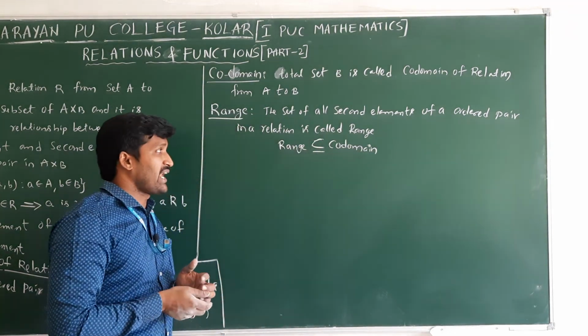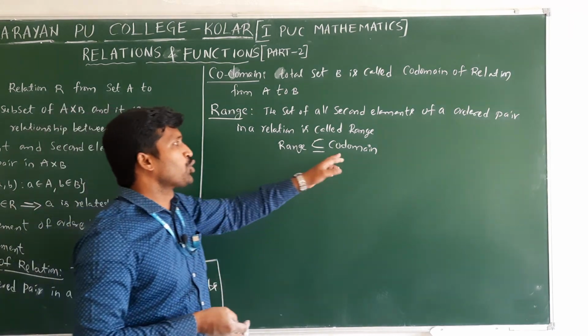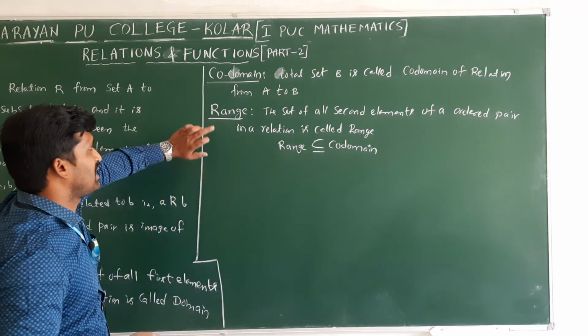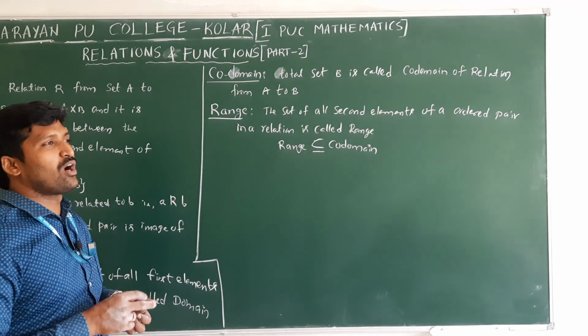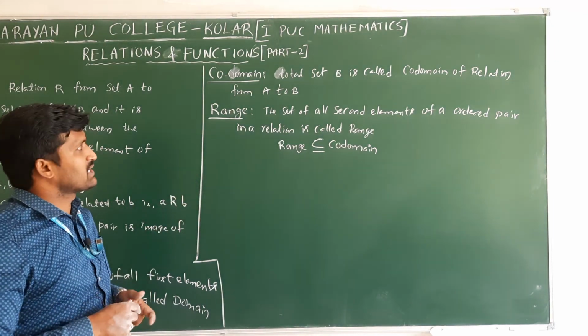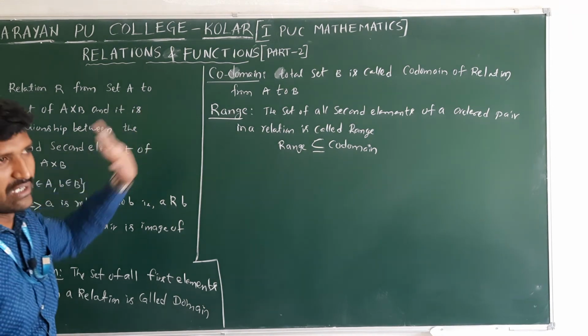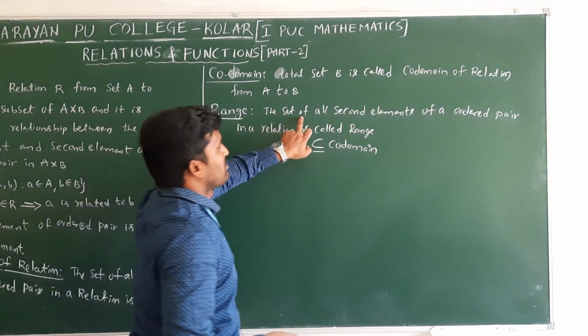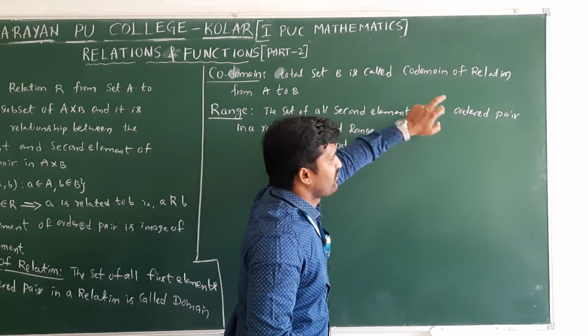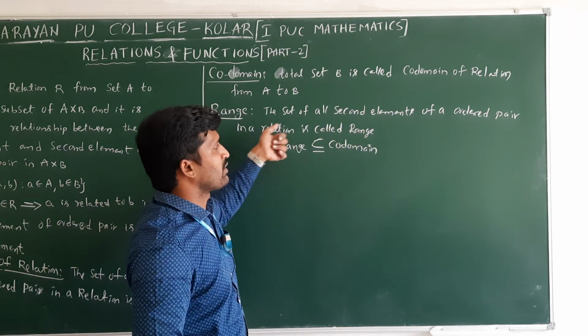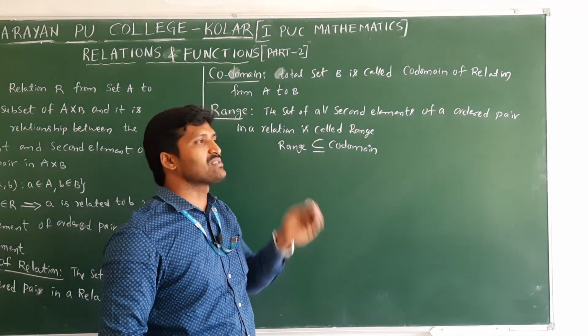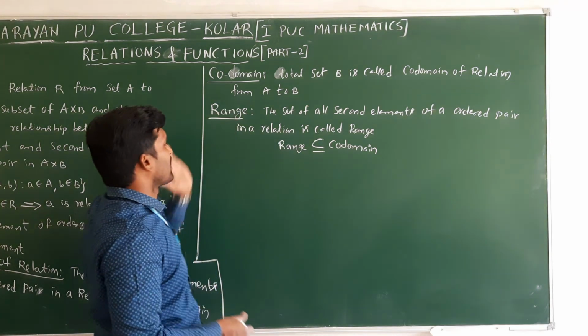That's why range is always a subset of or equal to the codomain, because the range is what we call the set of images. The set of images of first elements we call the range. Simply, the set of images is the range.